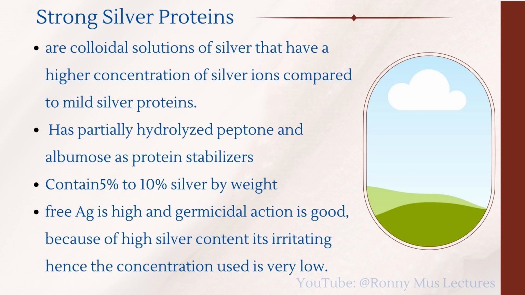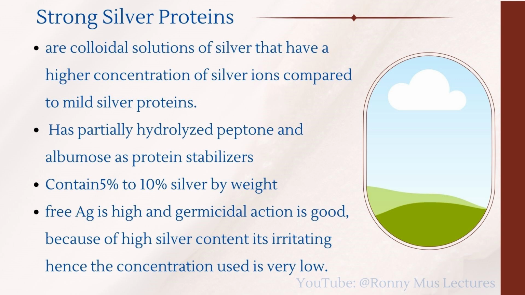They are colloidal solutions of silver that have a higher concentration of silver ions compared to mild silver proteins. They have partially hydrolyzed peptone and albumose as protein stabilizers, and they contain 5 to 10% silver by weight.